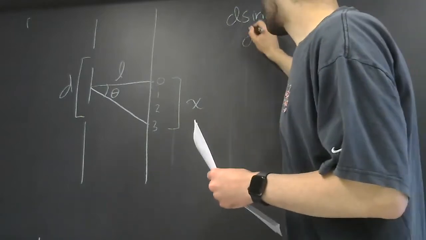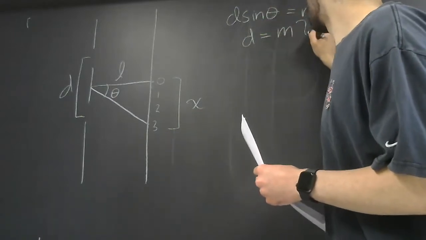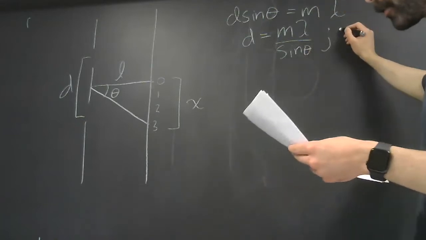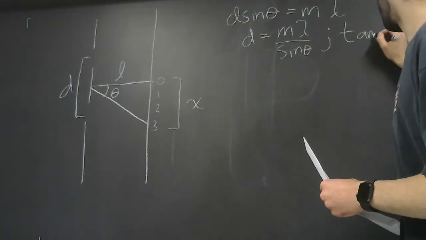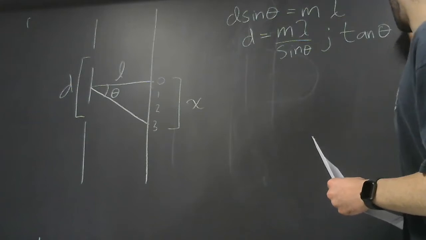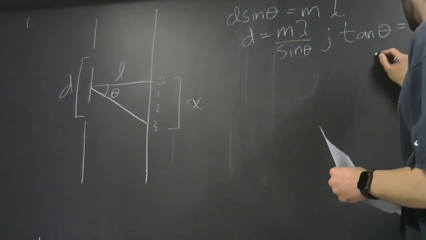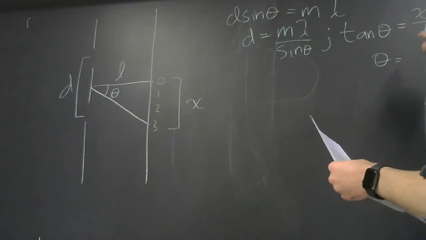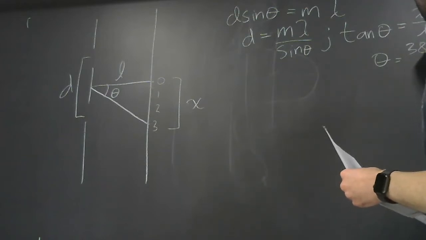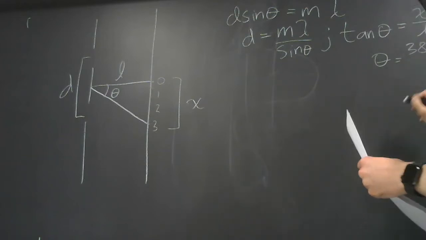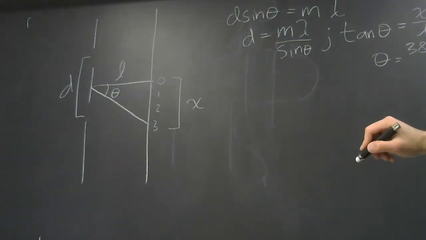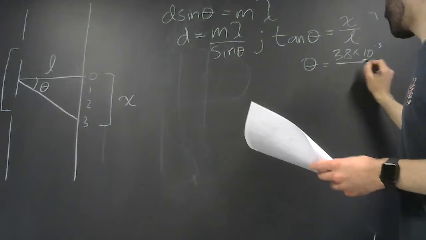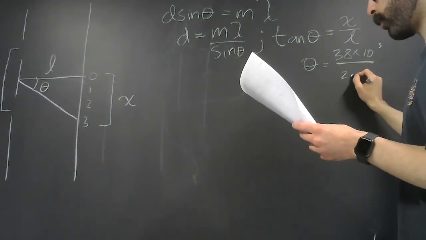We're just going to want to rearrange because we're solving for that d. What we don't know, though, is theta. So we're going to find theta through the tangent function here, where opposite over adjacent is x over L. Theta is just going to equal the inverse tangent of x over L, which is 38 times 10 to the minus 3 divided by 2.8.